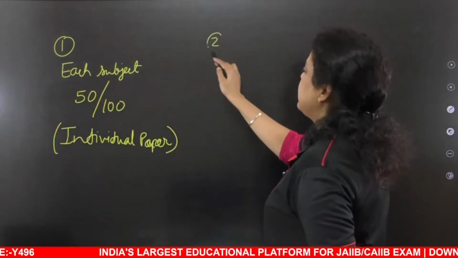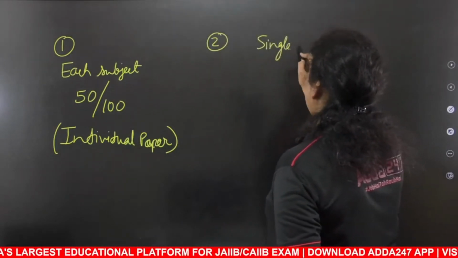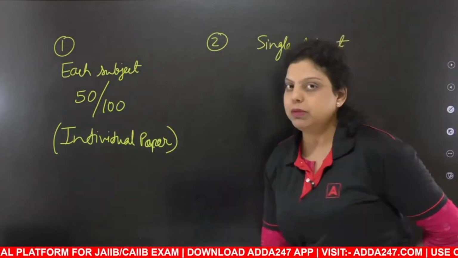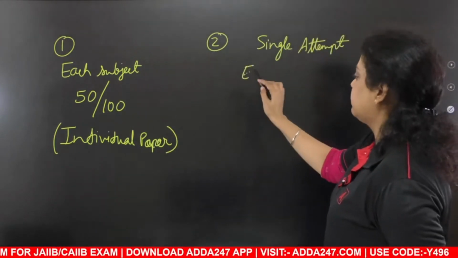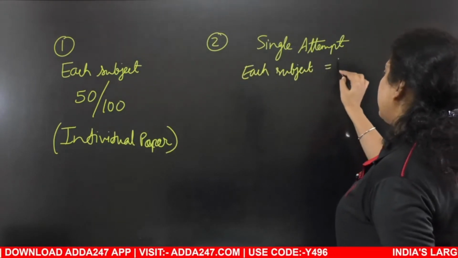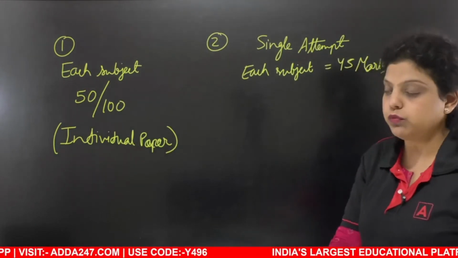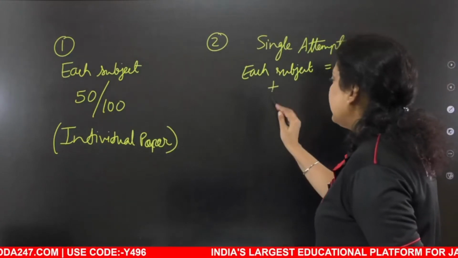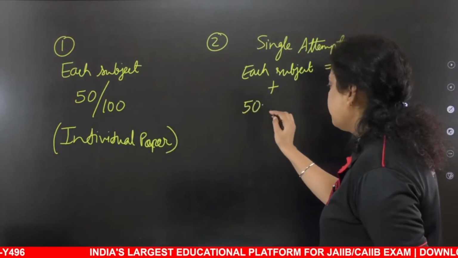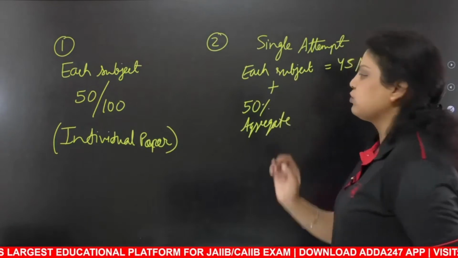The second statement is saying if in a single attempt you are going to qualify the CAIIB exam, then in each subject you should have 45 marks out of 100, obviously. But apart from that, one more condition you have to follow, that is the 50% aggregate score.